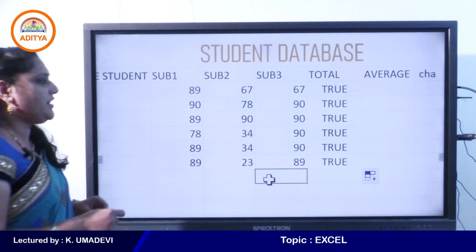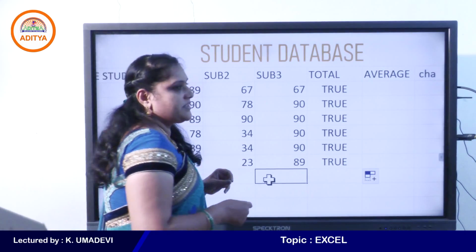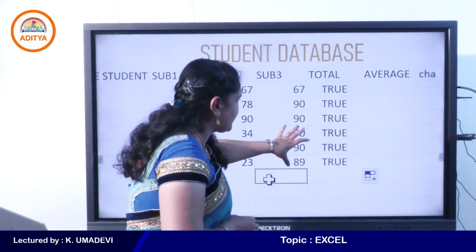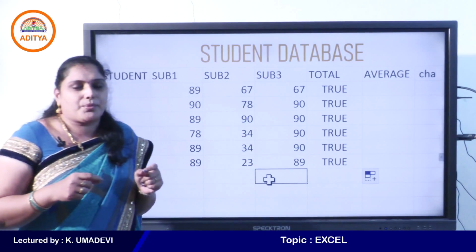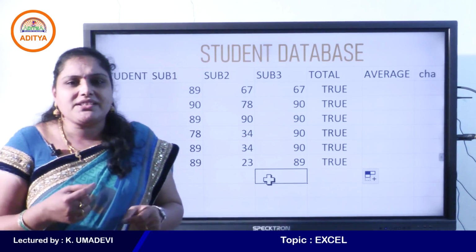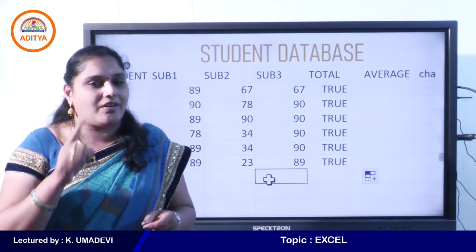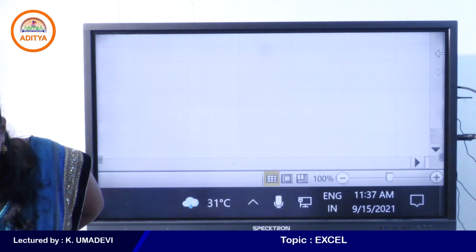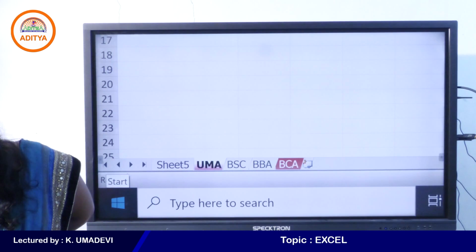So now the result is true. Like all cells contain true as the result. So now my question is, what is the difference between AND and OR? Just guess the answer, students.